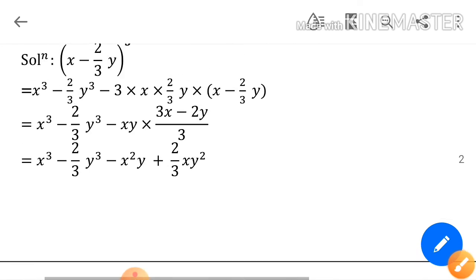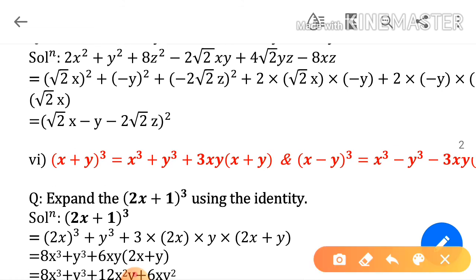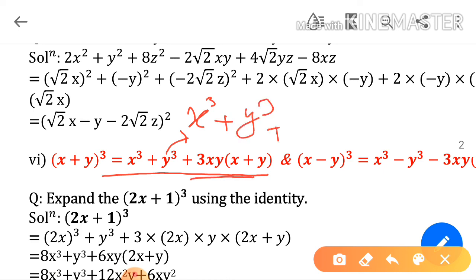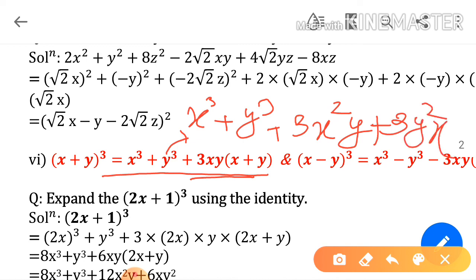This formula has another form: we can write it as x³ + y³ by multiplying these two terms, plus 3x²y + 3y²x.